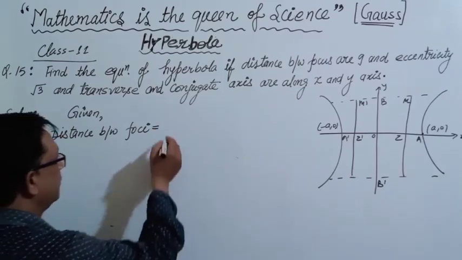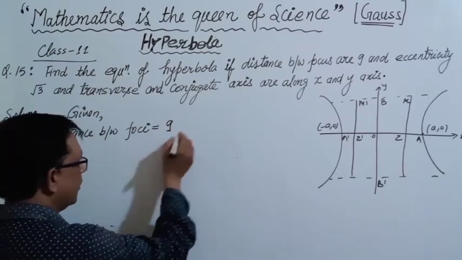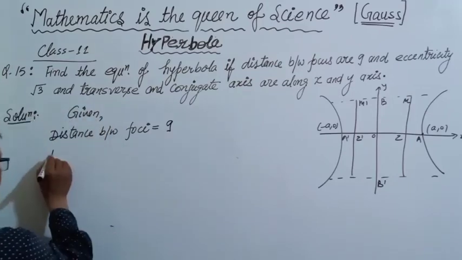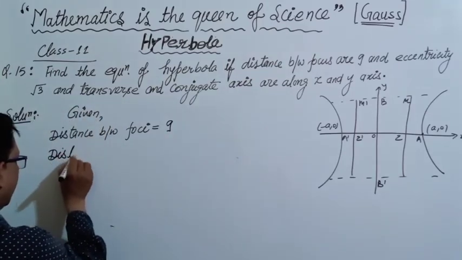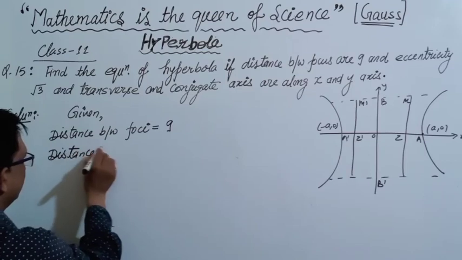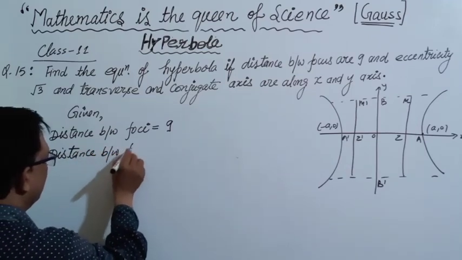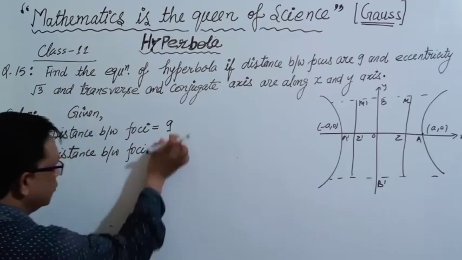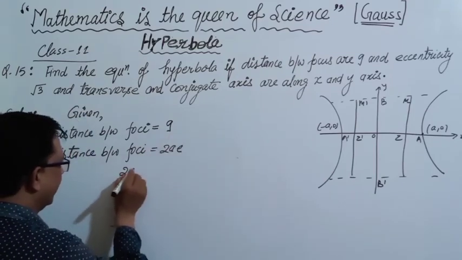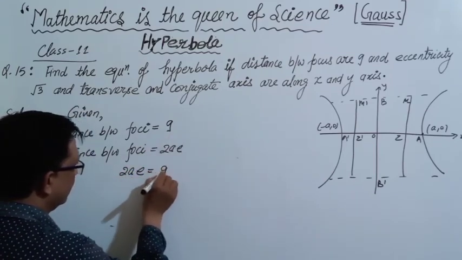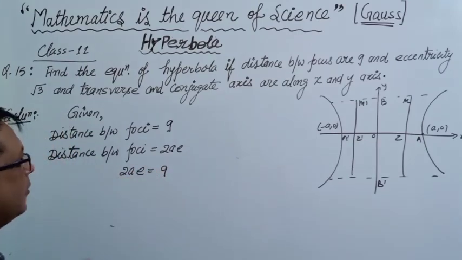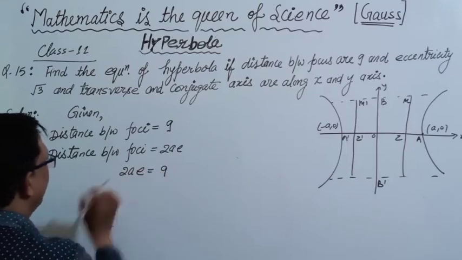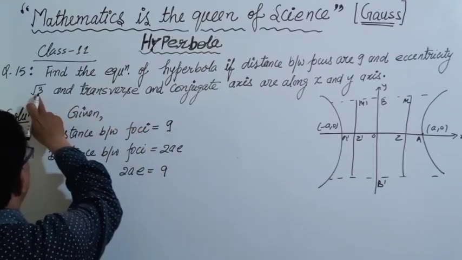We know that the distance between foci is 2AE. It means 2AE is equal to 9, and the value of E is also given.